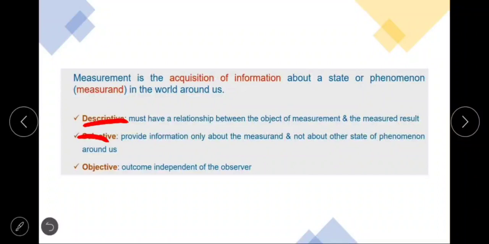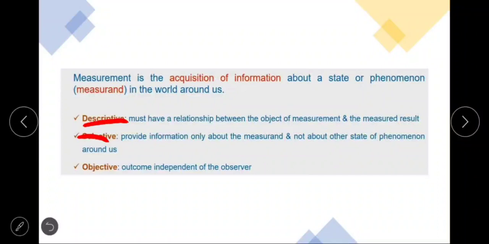So if we are using a thermometer and putting it inside our mouth, then there are different things, like the pH value and the saliva in my mouth, but there is a temperature.